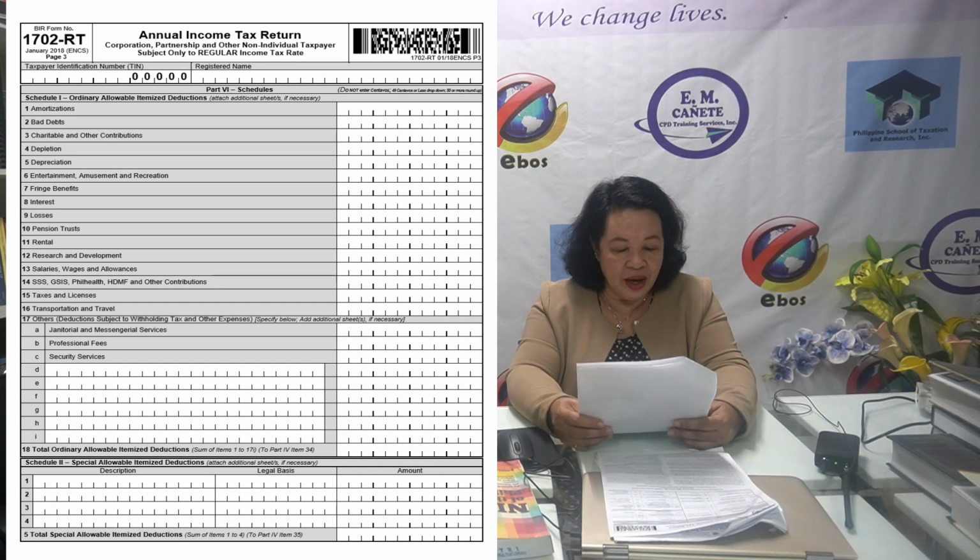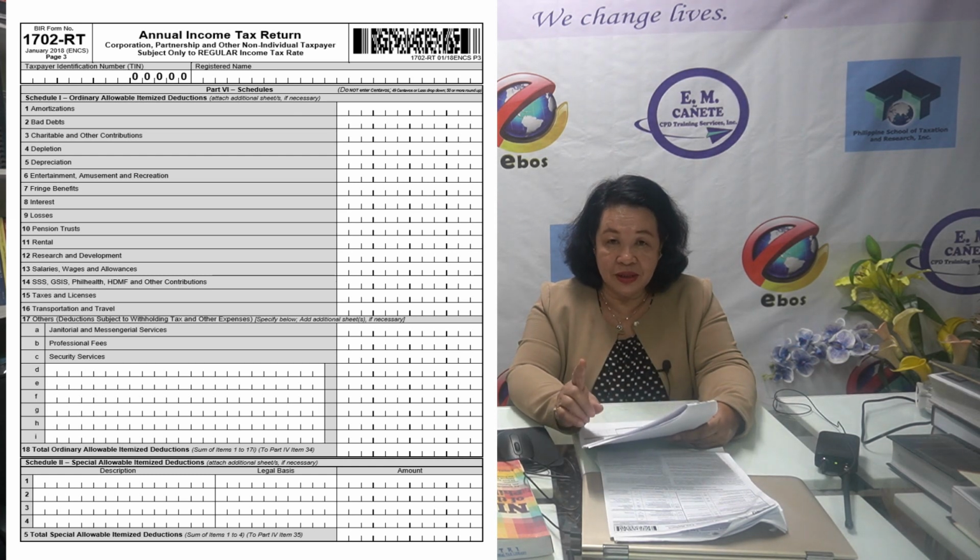So letter A, we have janitorial and messengerial services. These are services which are subject to the 2% expanded withholding tax. Also, professional fees. So if the professional is an individual, then the withholding is 5% and 10%.